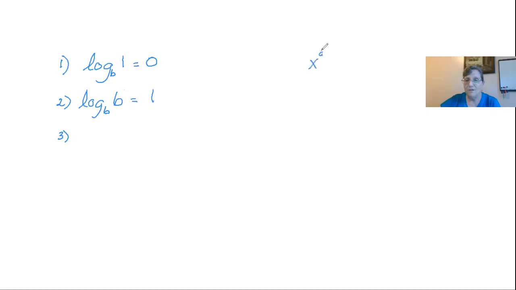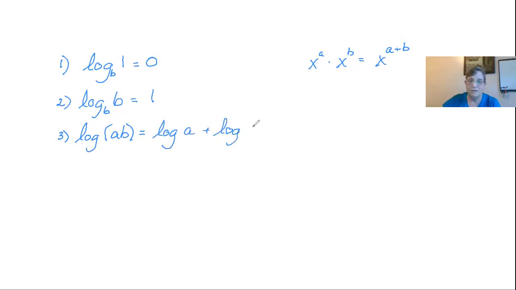And if x raised to the a times x raised to the b is x raised to the a plus b, if when you're multiplying the bases you add the exponents, and your logarithm is the exponent, it turns out that the log of a times b is going to equal the log of a plus the log of b, and this is to any base. I already used the b, so let me just put an x in here to represent the base.